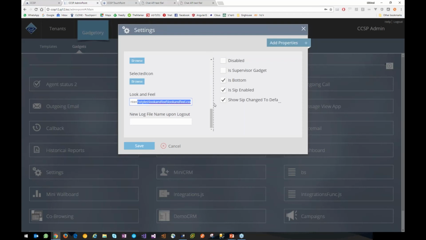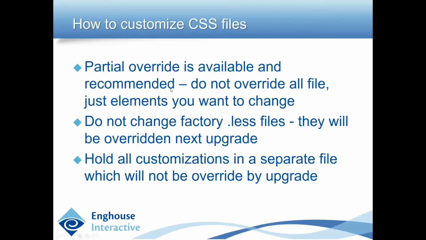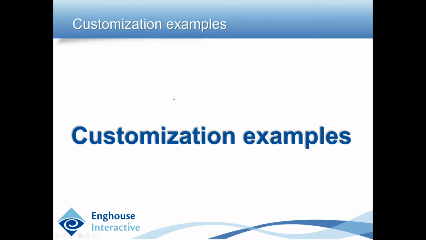In the following examples, I will keep it as it is. There is no need for me to change the admin point reference. I'll just change the content of the look and feel file, and you can see how quickly it reflects on Touchpoint.